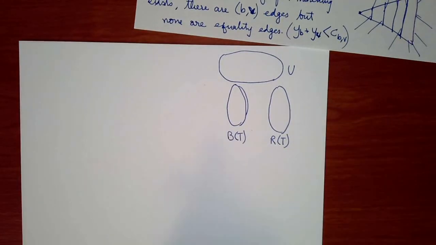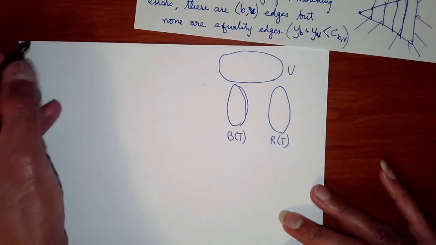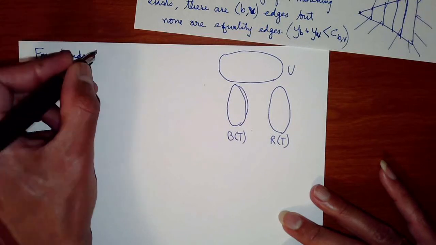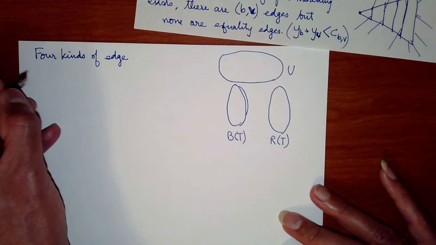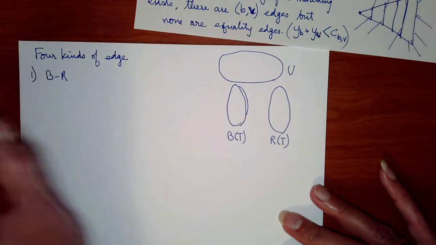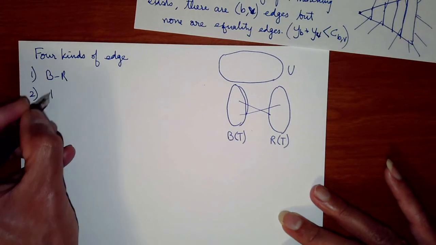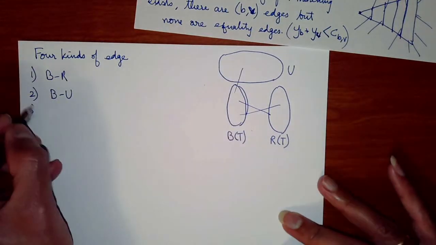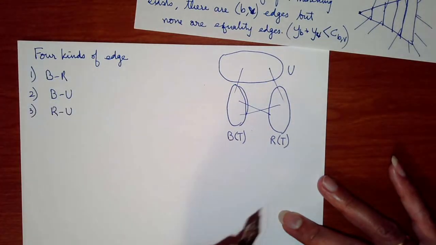Now there are four kinds of edges. There are the blue-red edges. There are the blue-U edges. So this is the blue edge that is going up to U. There is the red-U edge.